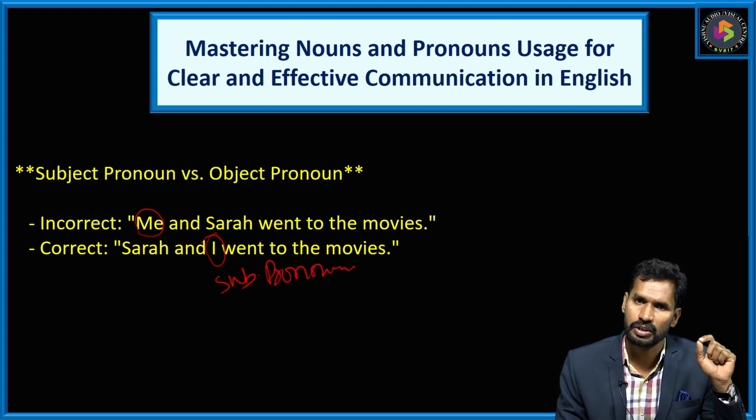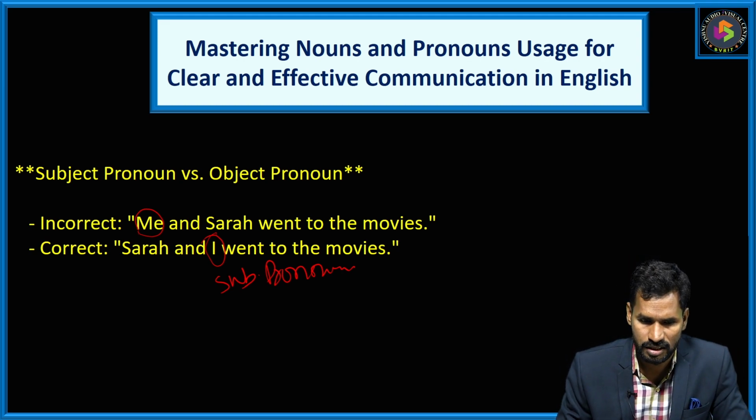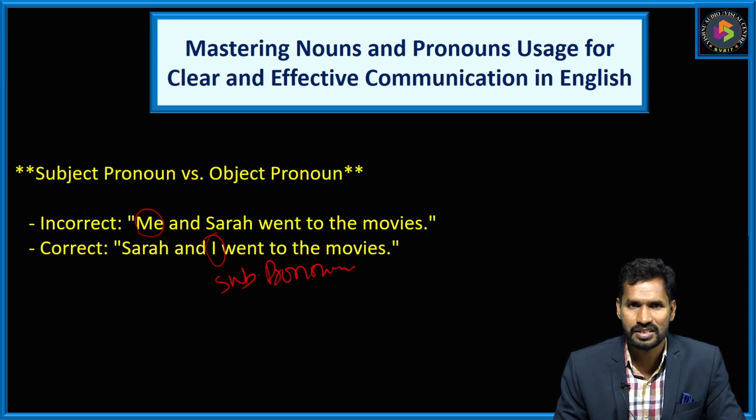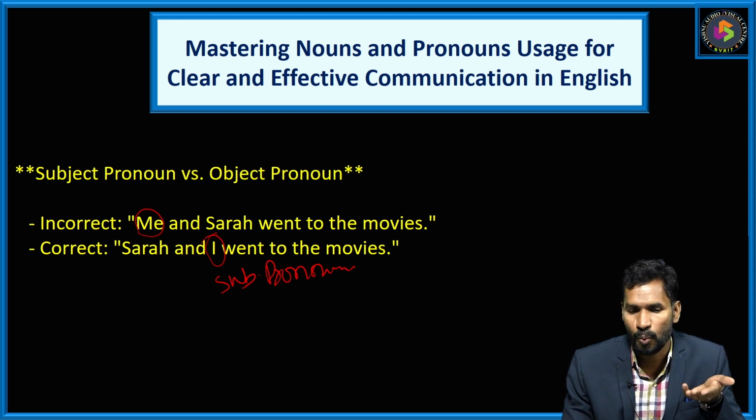If it is a positive context, it is better to put your friend or the second person's name first. In this context, going to movies or watching movies is not a crime or a negative context. So we can say "Sarah and I went to the movies."